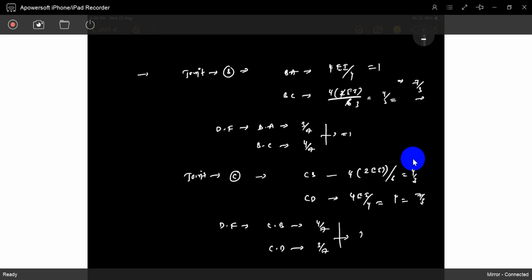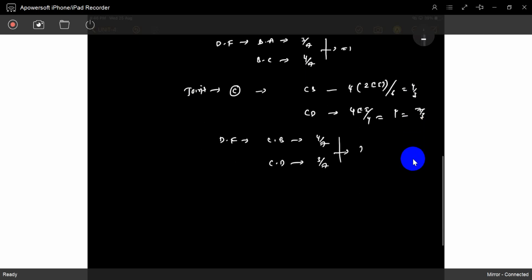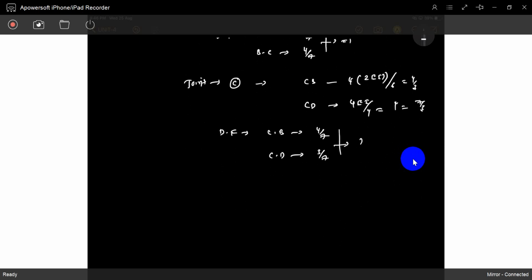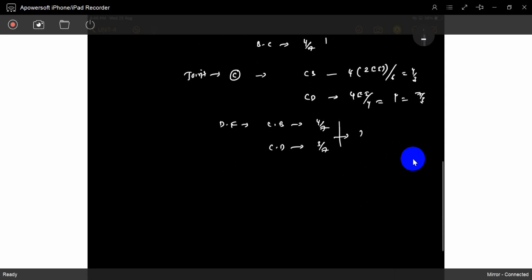That's it. So now we will enter into the moment distribution analysis without sway. We don't know how much sway is there. Now we will see.